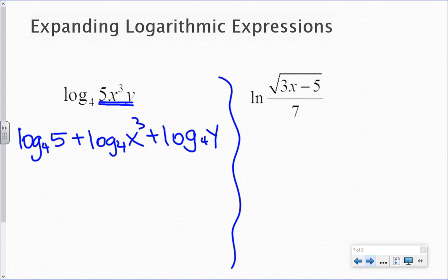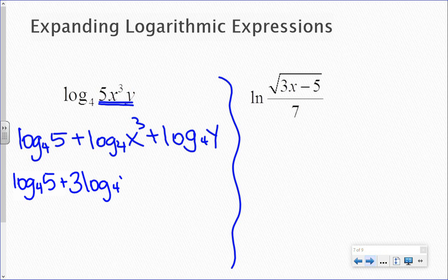No. We have an exponent right here inside of our second logarithm. So we need to write log base 4 of 5 plus 3 log base 4 of x plus log base 4 of y. Okay?